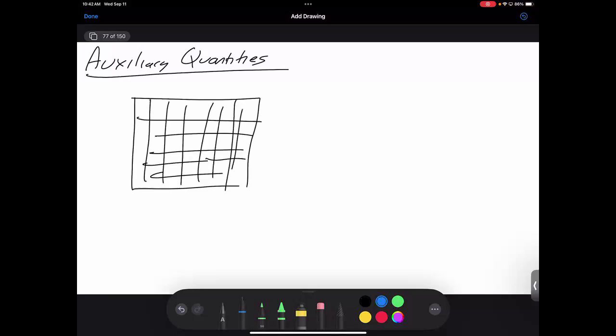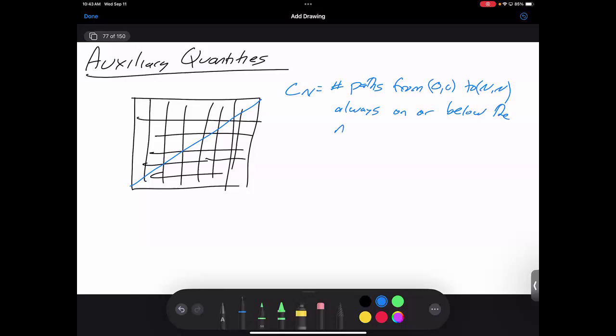I've got some path like this, and Cn is the number of paths from (0,0) to (N,N), always on or below the main diagonal.